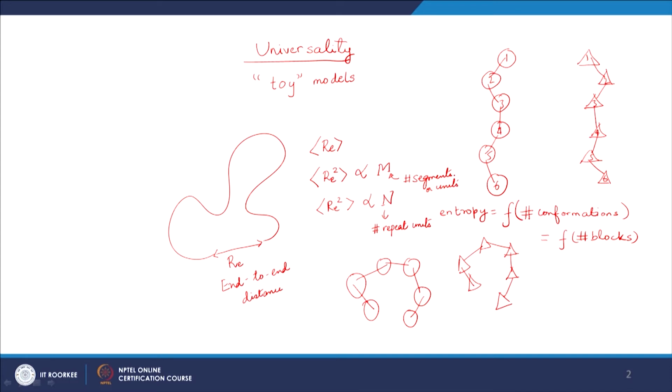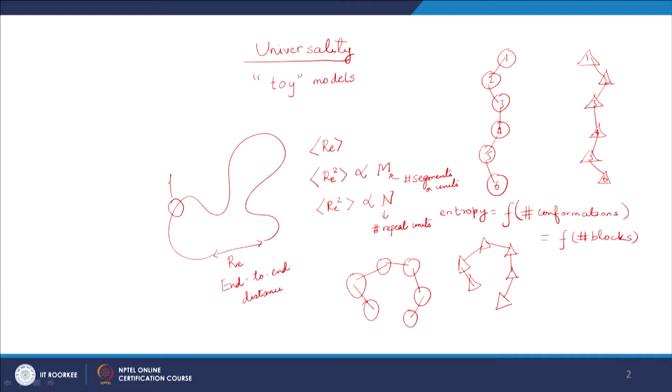Okay. So what exactly that means is that we do not have to go to the detailed chemistry. We need not start with, say, looking at each of the carbons and what is present inside. For example, if I really zoom into a particular part of the polymer chain, indeed it has some kind of a structure, but it is of no particular relevance whether it is like this or like that.